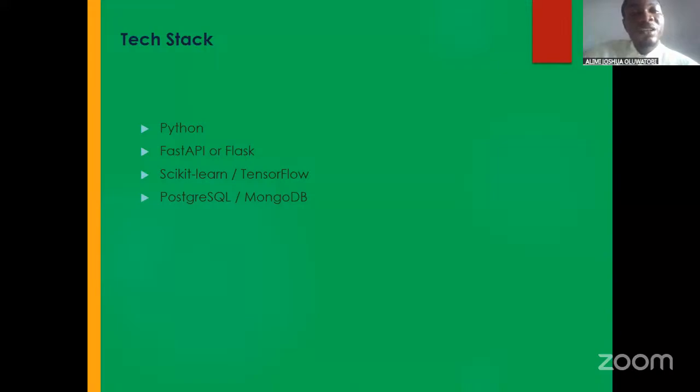We also have FastAPI or Flask. You can call it either Flask or FastAPI. This is majorly what we use for the generative AI.